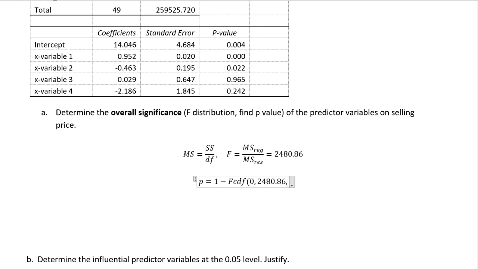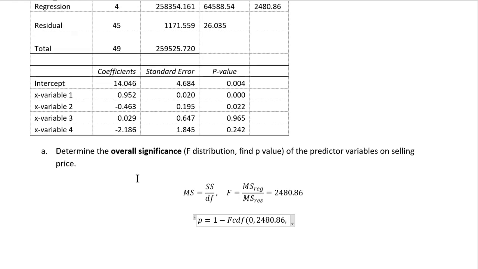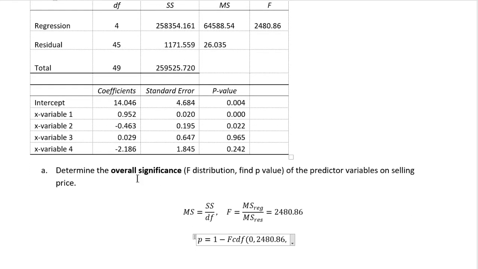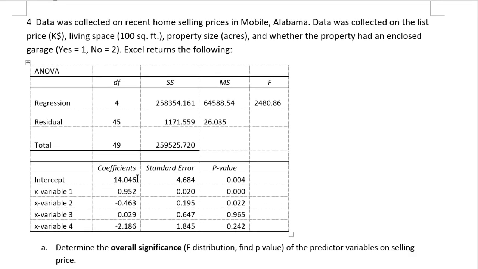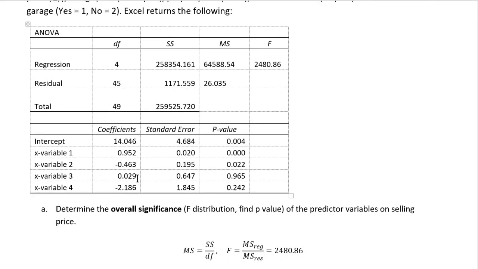2480.86. And the F distribution is actually a distribution of the ratio of two chi-squared distributions. Because you have the numerator and the denominator both as sums of squares, you need to provide the degrees of freedom as well.